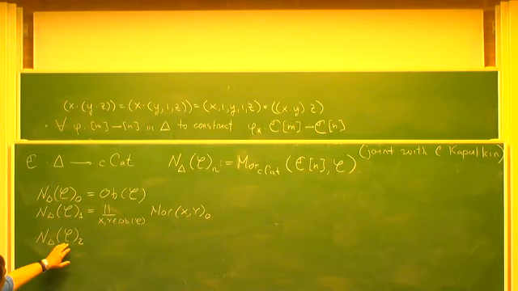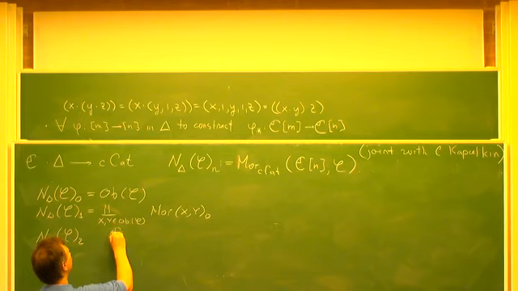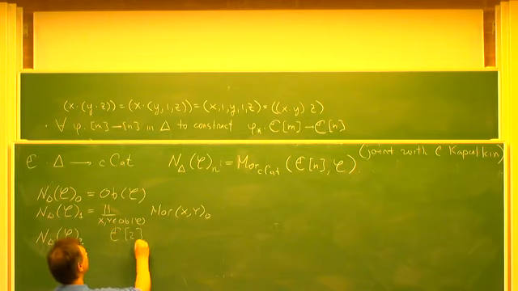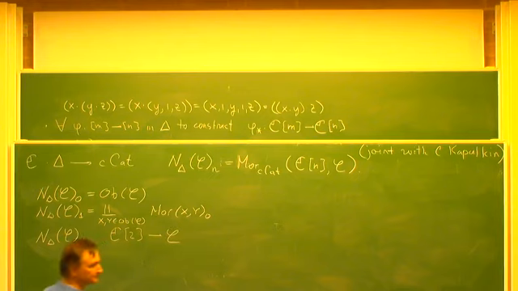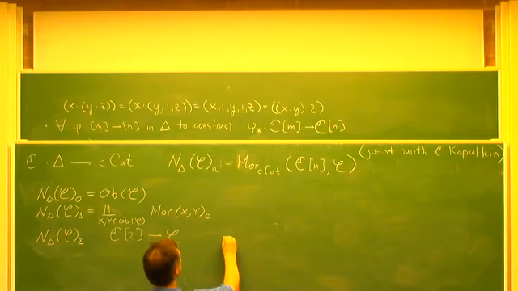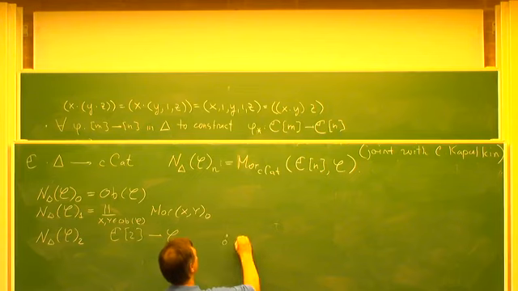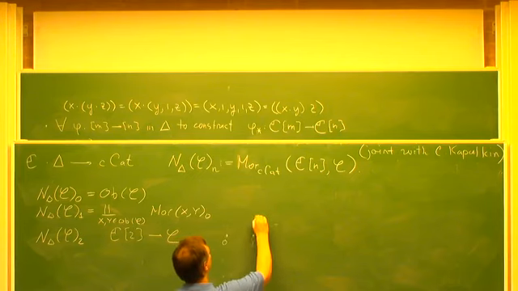So an element here is a functor from C2 to C. Now this gadget is a cubical category which has three objects, 0, 1, 2.